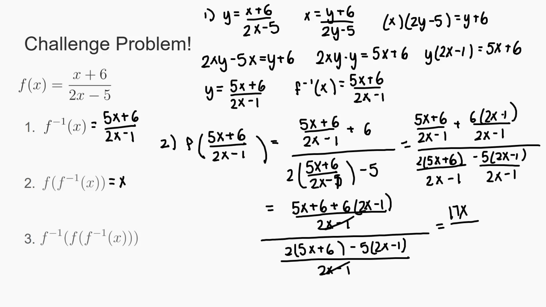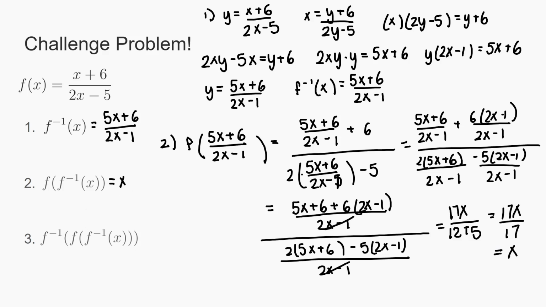You can see here, 2 times 5x is 10x, minus 10x is going to be 0x. What about the constants? 2 times 6 is 12, plus 5, because negative 5 times negative 1 is 5. We have 12 plus 5 gives us 17x divided by 17. So we know our answer is going to be x.